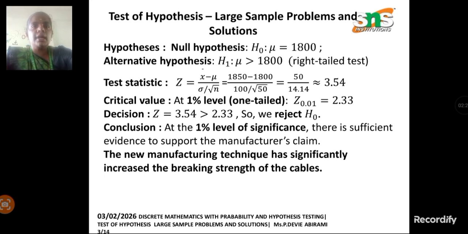So if it is greater, then we can reject our null hypothesis, that the sample mean and the population mean cannot be equal. Therefore, there is sufficient evidence to support the manufacturer's claim. The new manufacturing technique has significantly increased the breaking strength of the cables.